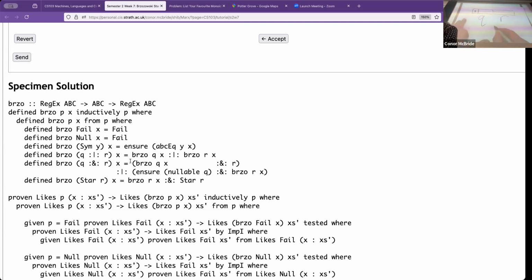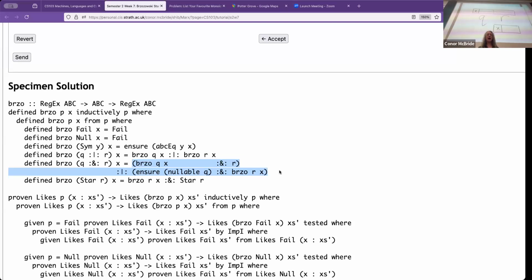The other situation that can happen is that the Q part is empty and the X is at the start of the R. So that's exactly what we're saying here with this thing.